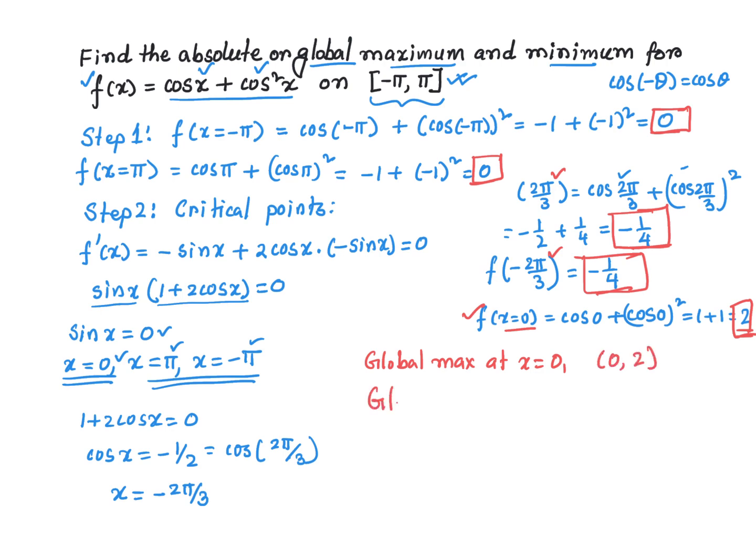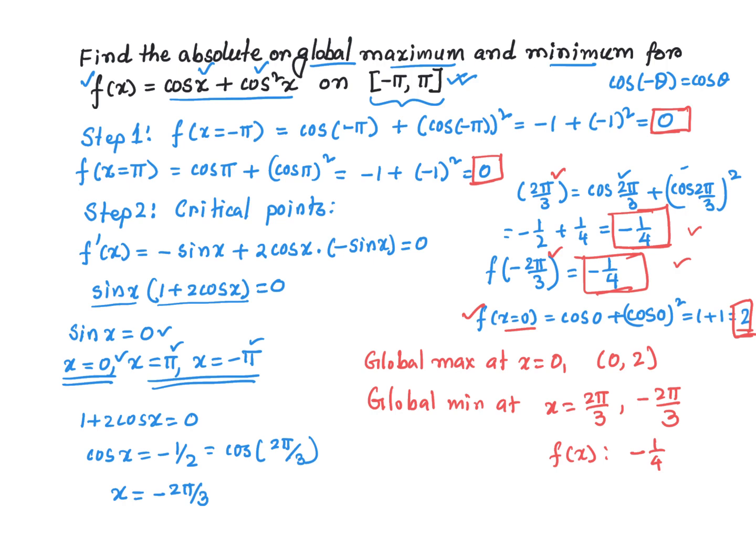And the global min, where does it happen? It happens at two places: x is equal to 2 pi over 3 and x is equal to negative 2 pi over 3. And at those two points, the f of x value is negative 1/4.